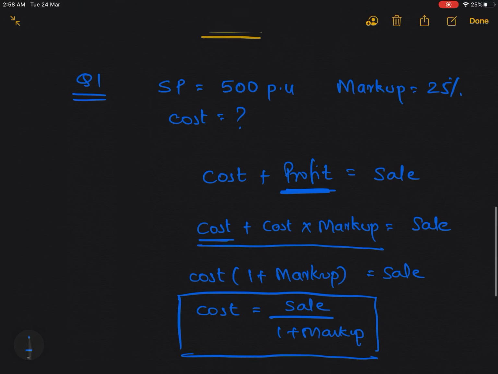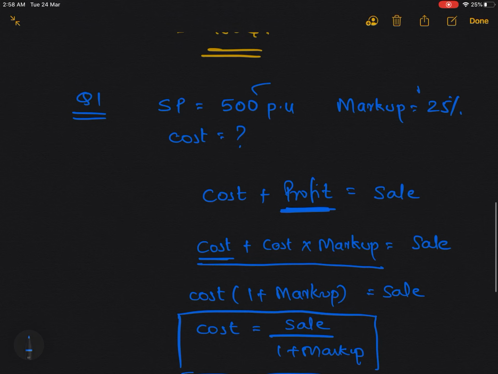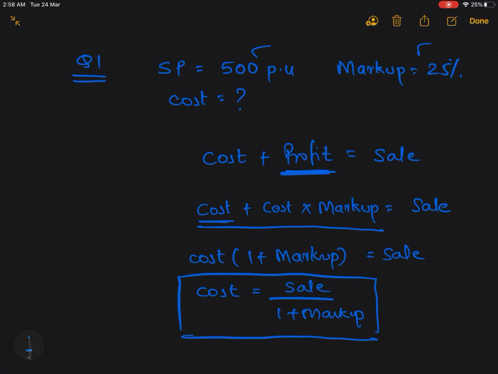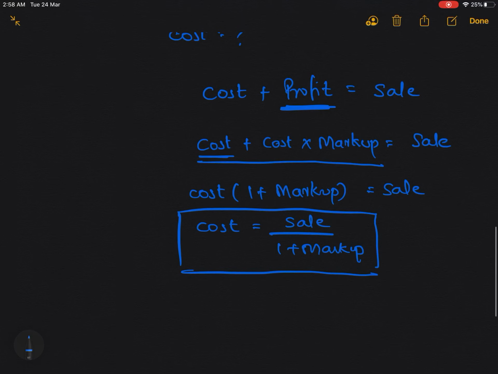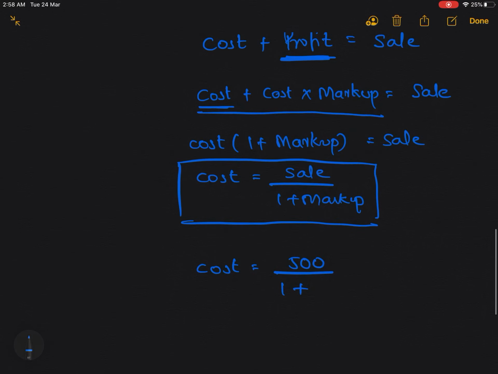I can simply plug in these two data in this formula and get the answer for cost. So cost would be 500 upon 1 plus markup. Markup is 25. I can write it as 0.25. So cost will be 500 upon 1.25. That is nothing but $400.